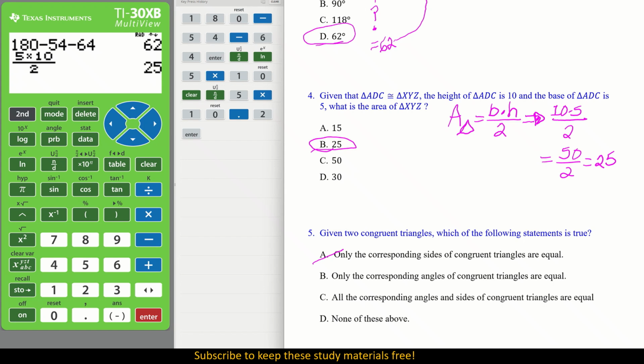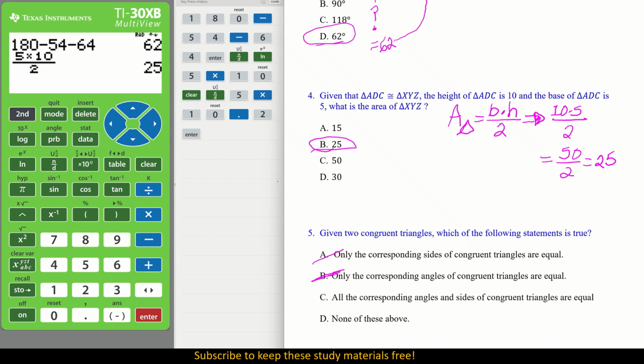So obviously it can't only be the sides. It has to also be sides and the angles and the area. Okay. Which we did in 4. And then B says only the corresponding angles. Well, I just said it can't just be that. It has to be sides, angles, area, perimeter.